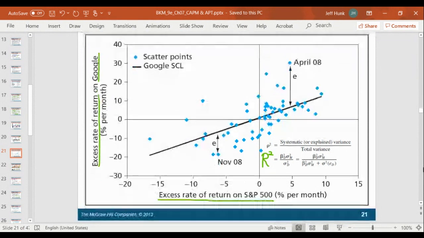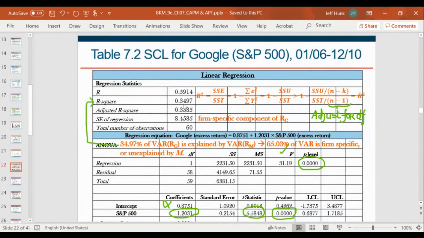In this case, R square is like 34.97%, which means 34.97% of Google's excess return variance is explained by market excess return variance, which also means 65% of variance is due to firm-specific factors, or unexplained by the market portfolio or index portfolio, right?